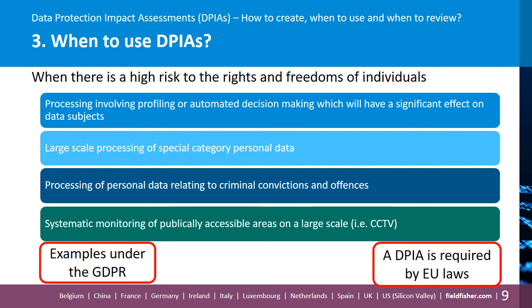For example, processing involving profiling or automated decision making, which will have a significant effect on data subjects, large-scale processing of special categories of personal data, processing of personal data relating to criminal convictions and offenses, or systematic monitoring of publicly accessible areas on a large scale, for example, by the use of CCTV cameras.